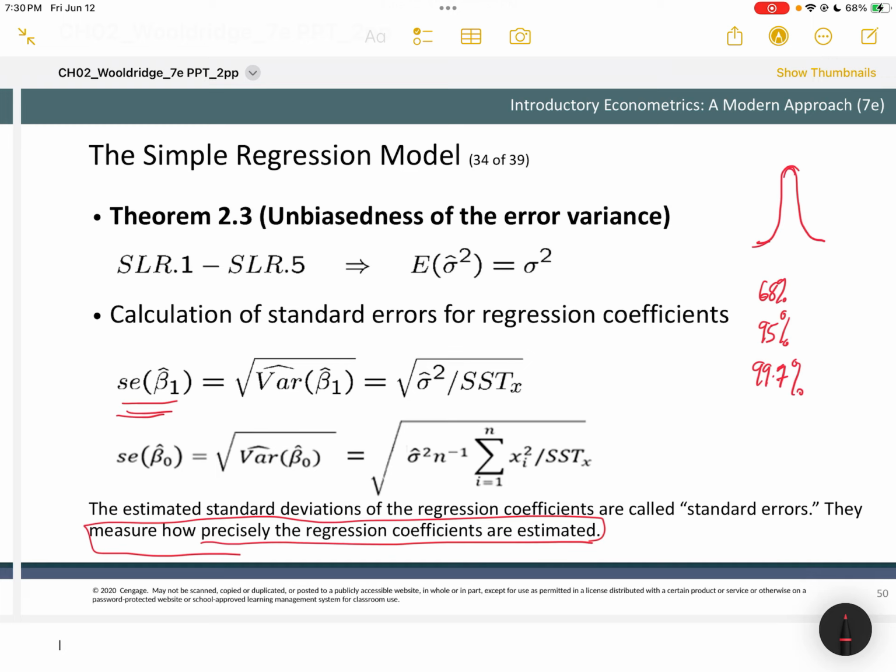If you have a bell-shaped or normal distribution, then 68% of your data will be within 1 standard deviation, 95% will be within 2 standard deviations, and 99.7% will be within 3 standard deviations.